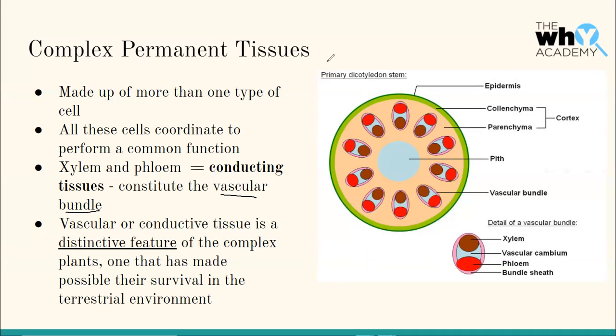So if you read the words conducting tissues, or vascular bundle, or the third one, complex permanent tissue, in any question, in the paper, anywhere, they all basically refer to xylem and phloem. They are different names for xylem and phloem.